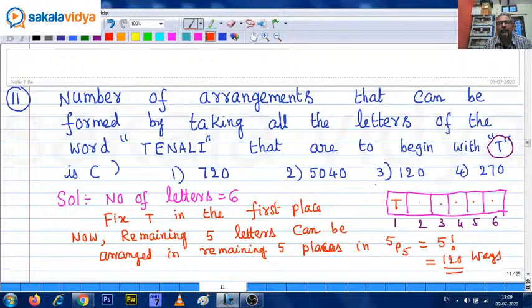This is the answer. So third option is the right option. Venkata Raghuram, correct. Yes, 5 factorial ways. Keeping T in the first place, the 5 places are to be filled with 5 things. That can be done in 5P5. 5 factorial is 120.